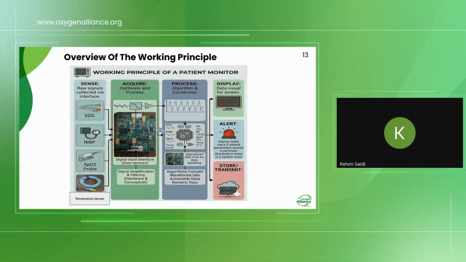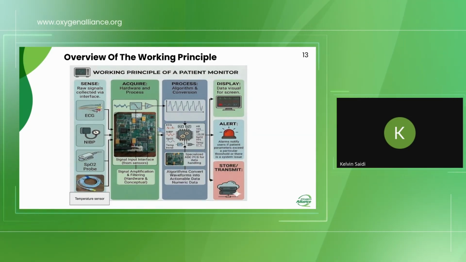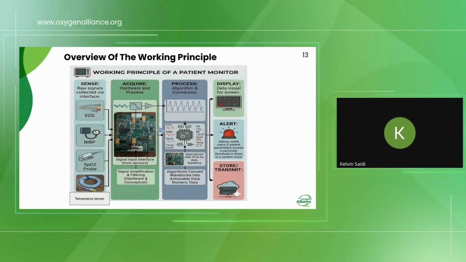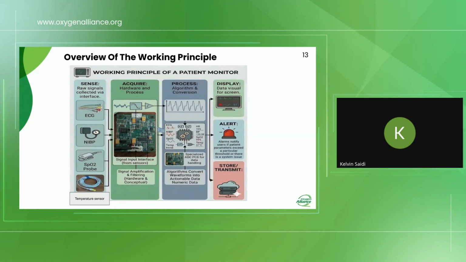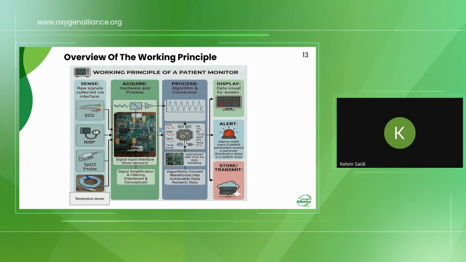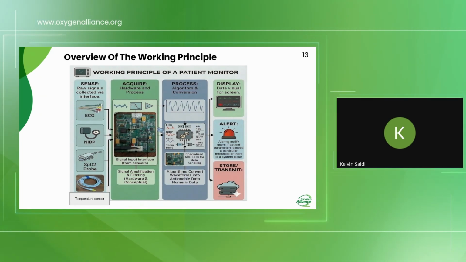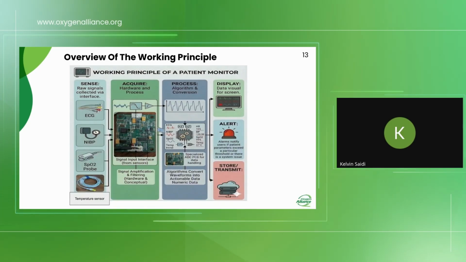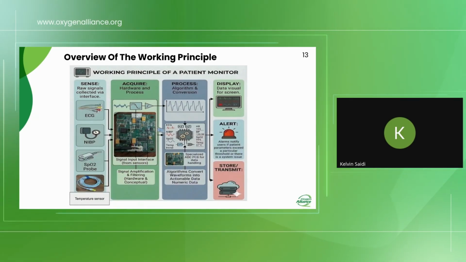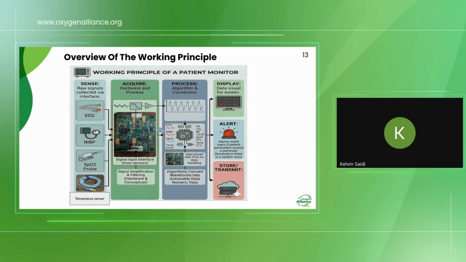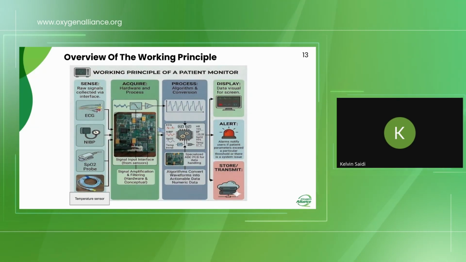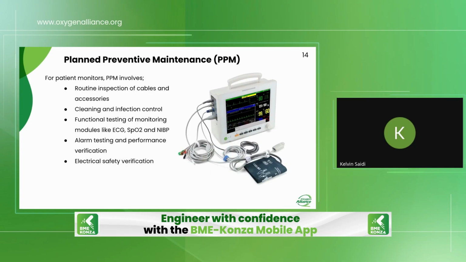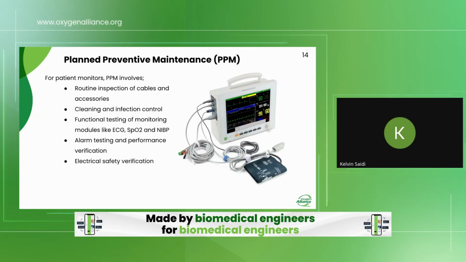Then the CPU sends signals to the LCD to display ECG waveforms and some parameter values. If a certain threshold has been reached, an alarm will sound to alert the user that there is a problem. And last but not least, this information can also be stored on compatible devices for further analysis.